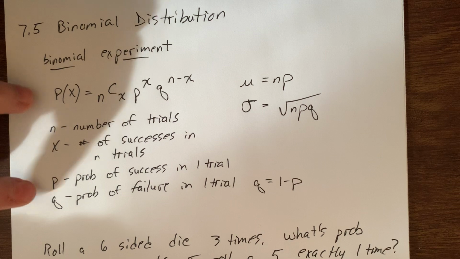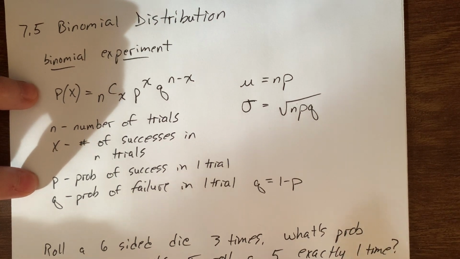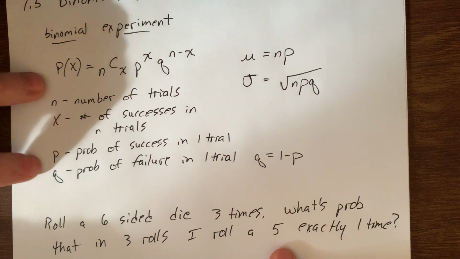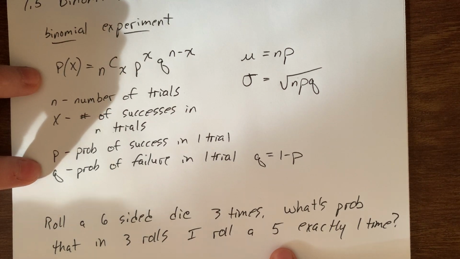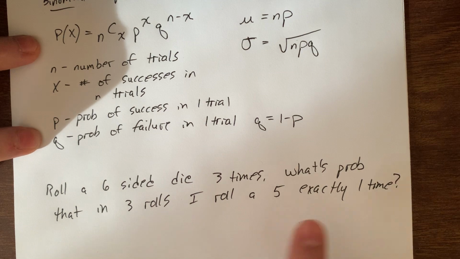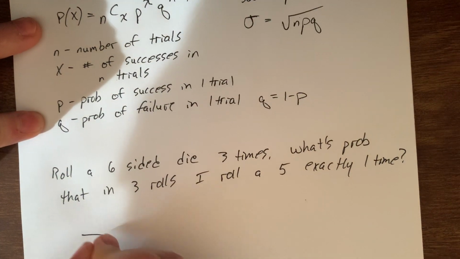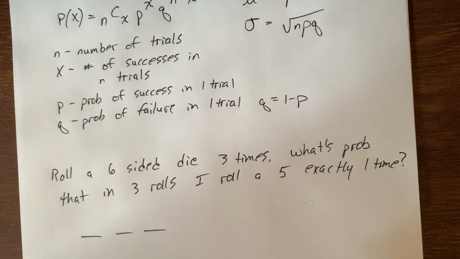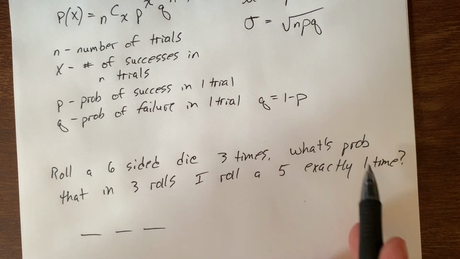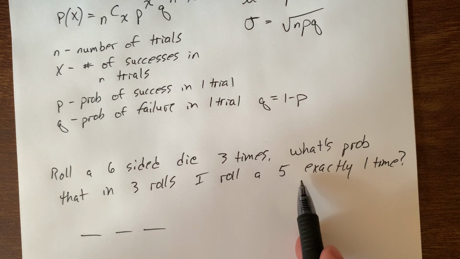But again, I don't want to just jump right into this formula. I want to use this example to see how this formula comes about. So I'm rolling a die 3 times, so I'm going to set up 3 trials. But here's the thing. I want to get exactly one 5.